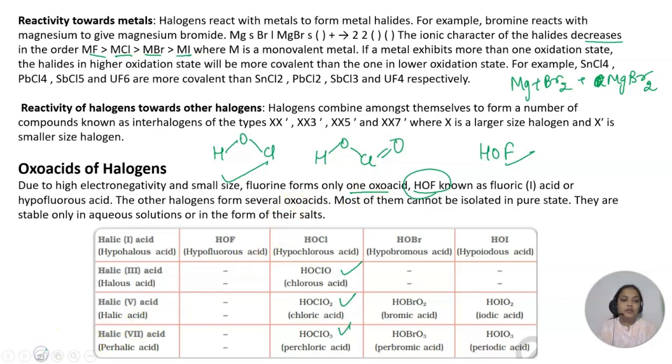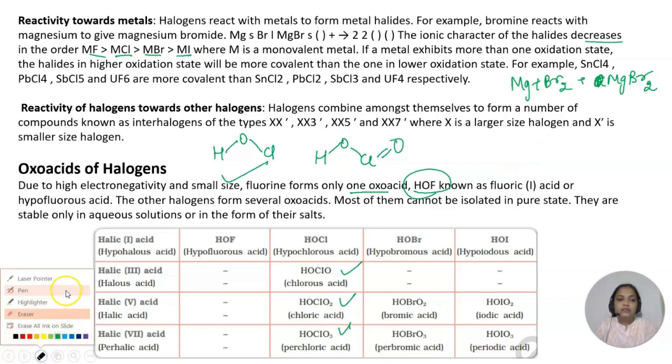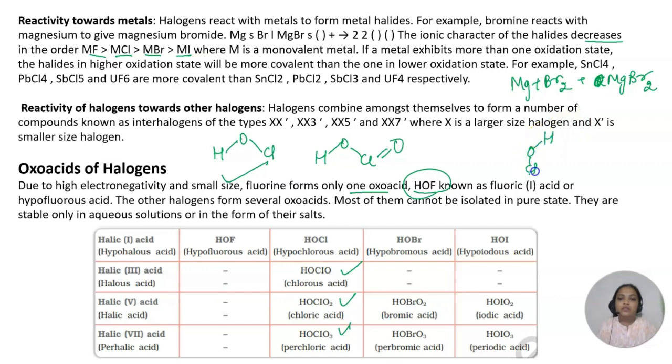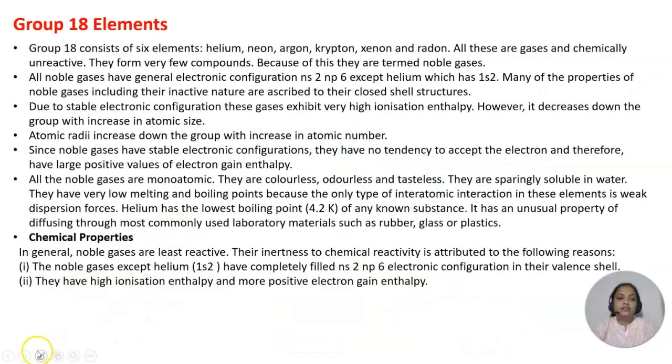Let me show you how it looks. In this case it would be like this: Cl double bond O double bond O. So this will be HOClO3, perchloric acid. Similarly, we have bromic, perbromic, iodic and periodic acids.